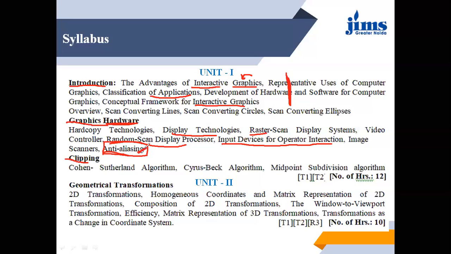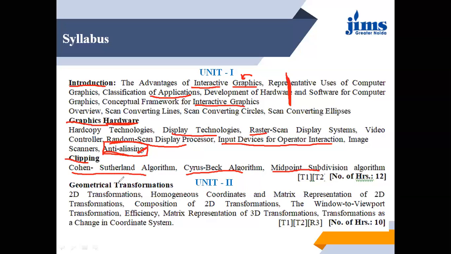This is also important. And clipping is a technique by which we clip an object. There we have to study three techniques: the Cohen Sutherland algorithm, the Cyrus Beck algorithm, and the midpoint subdivision algorithm.